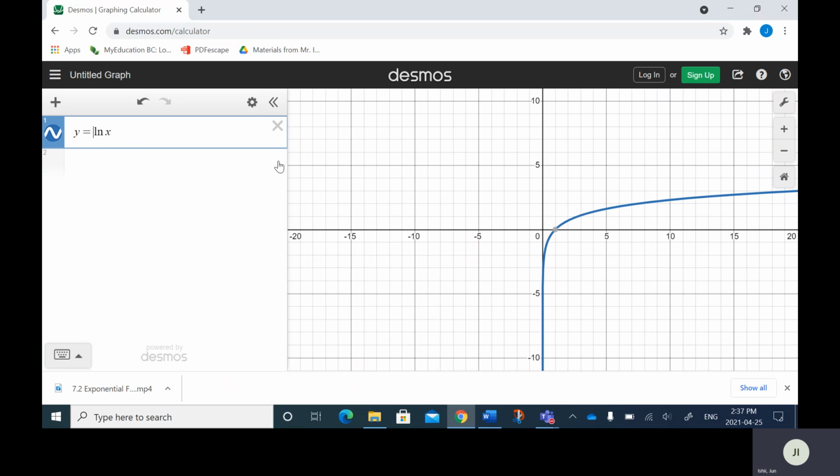Positive 7, it's increasing. Negative 7, it's decreasing. So if a is positive, it increases. If a is negative, then it's decreasing. The same holds for a log function as well: negative 7 log x decreasing, positive 7 log x increasing.